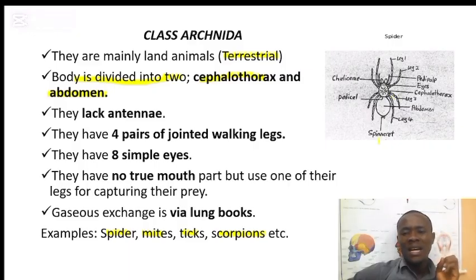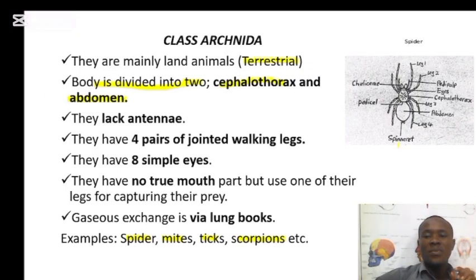For spiders, they have what we call the spinnerets. The spinneret is what they use to release the silk, which they use to create the spider web. They have other parts like the chelicerae, which I have talked about. The chelicerae is what they use to capture their prey and to inject venom into the prey in order to paralyze it.